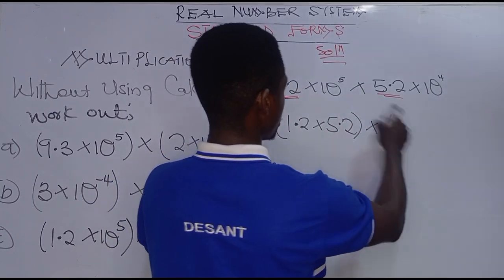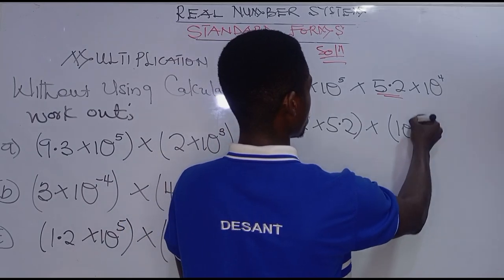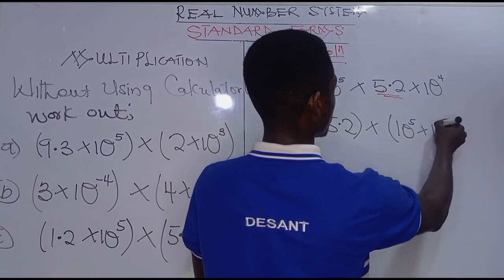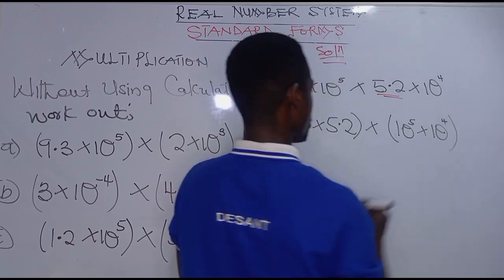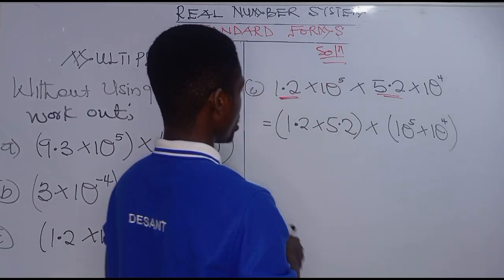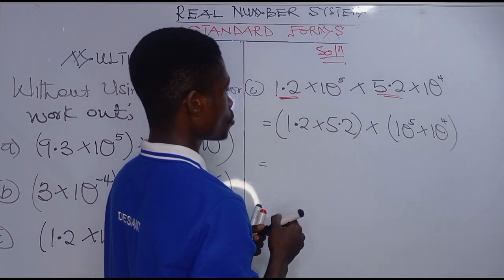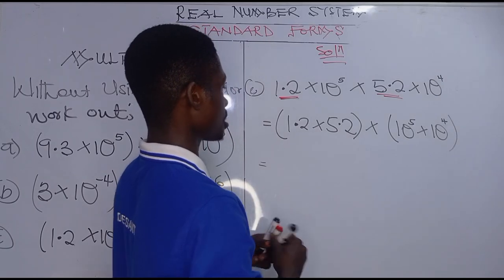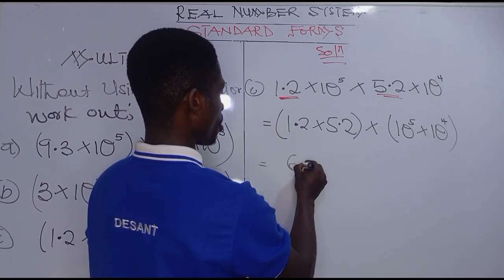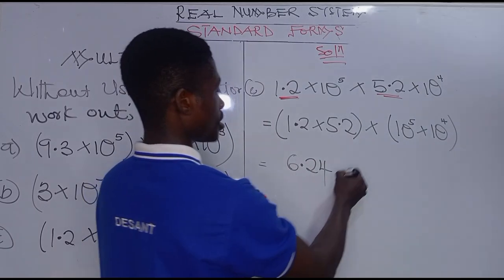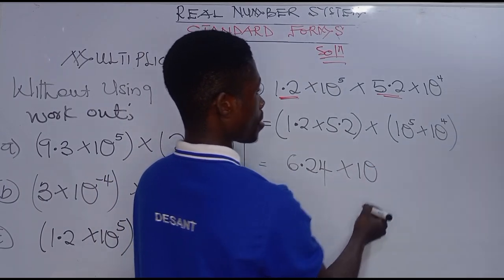Then we group those with the power of 10. So we have 1.2 times 5.2 gives us 6.24. Then we have times 10 raised to the power indices.